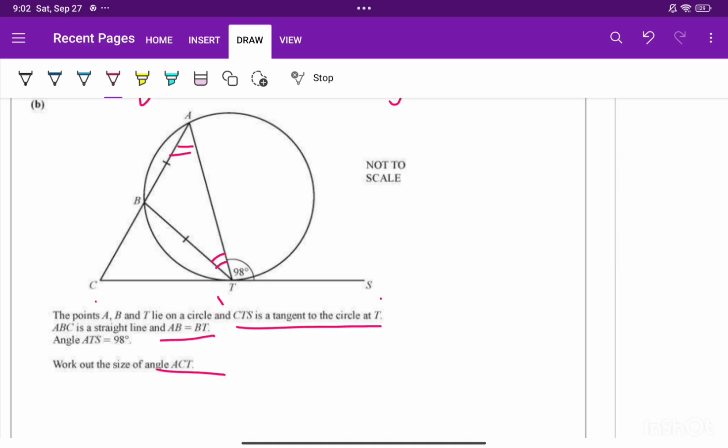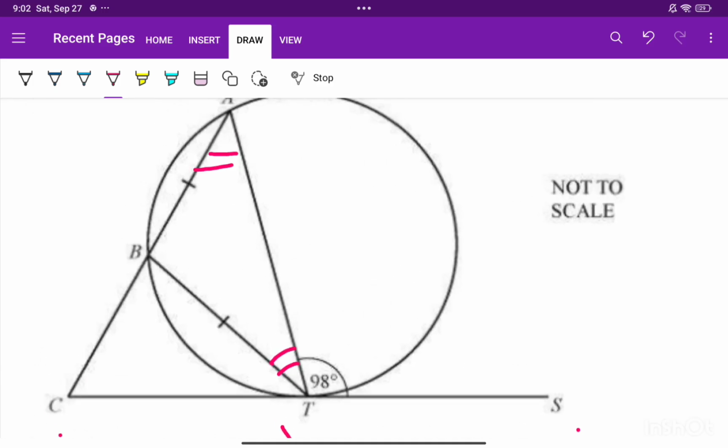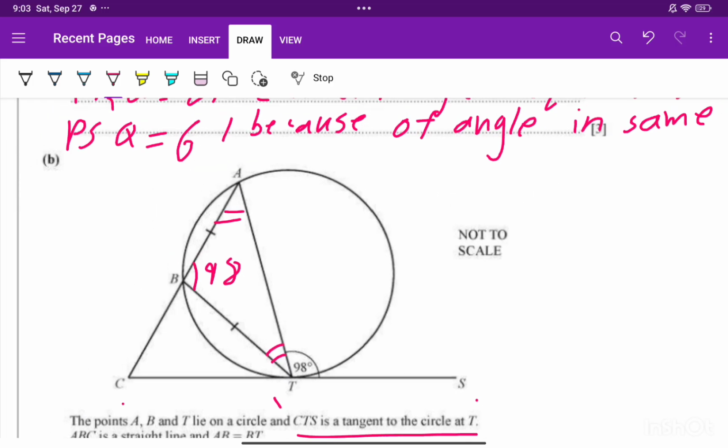Okay, ACT. So if we take ABT, then we can find it. Angle ABT will also be 98 here, because of the alternate segment theorem.